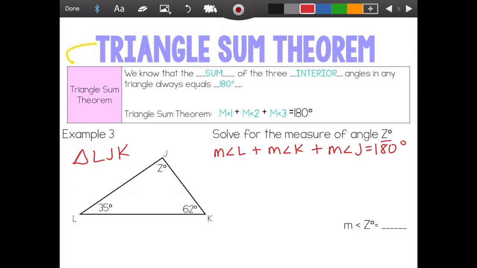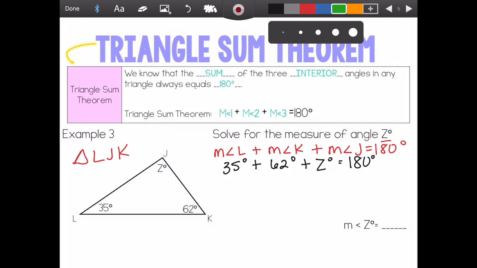Now I'm going to plug in the information. Angle L is 35 degrees, angle K is 62 degrees, and angle J is z degrees. All of that equals 180.